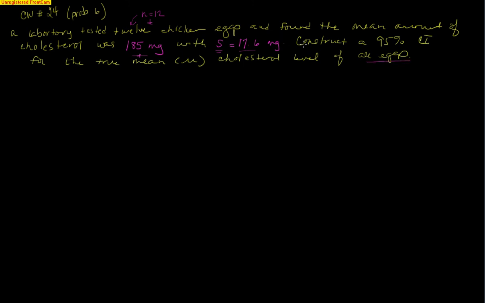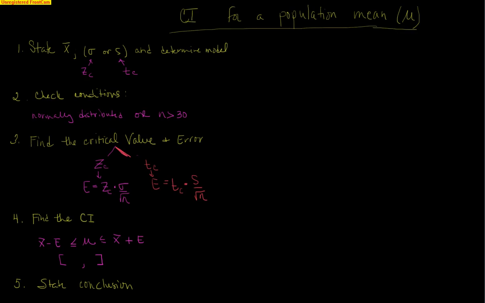So we are trying to draw a conclusion. We are trying to find the mean of the population. What we have here, this 185, that is the sample mean. Okay, so let me jump back. I'm going to turn this off, and here we have our steps.